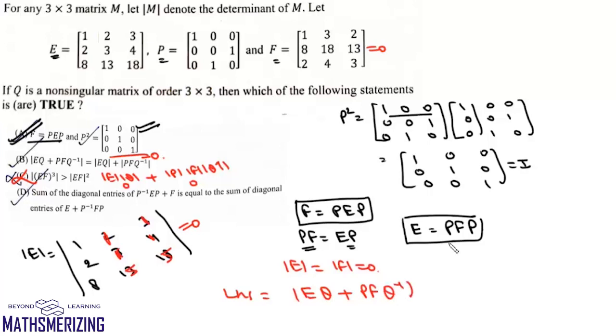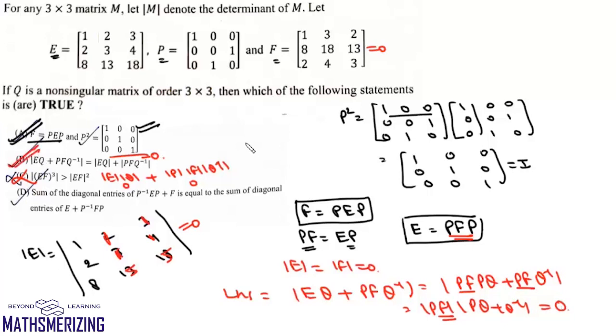Now we know that this E is PF into P. So we can write this as PF PQ plus PF into Q inverse. Now if we take PF common, we can write mod of PF into mod of PQ plus Q inverse. Now mod of F is again 0. So that means this option B is also correct.